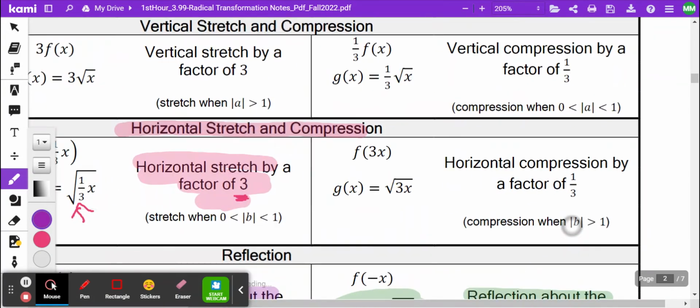Now, if you're careful, you'll see that it says it's a horizontal compression by a factor of, and this would be 1/3. So we want to write it as 1 over what the number is.